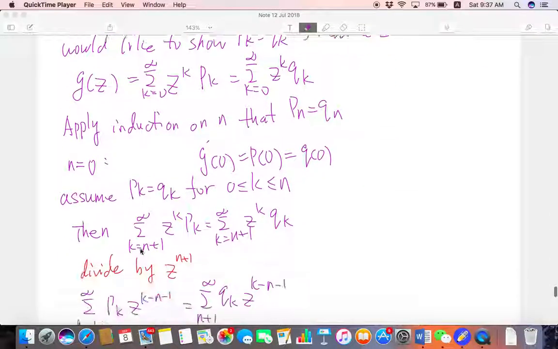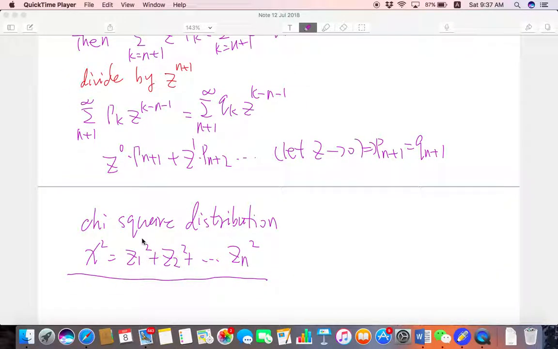Like for one example, the chi-square distribution, it is again an important distribution later on. We can see that it is equal to the sum of n squared standard normal distributions. And how can we prove that?